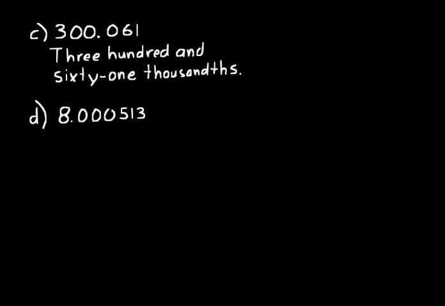Look at D. Let's write this one using words as well. Now, a good thing to do is just to count out your decimal places so that you write the correct place value for the decimal side. And so let's think about this. Tenths, hundredths, thousandths, 10,000ths, 100,000ths, millionths. So we'll be saying 8 and 513 millionths.